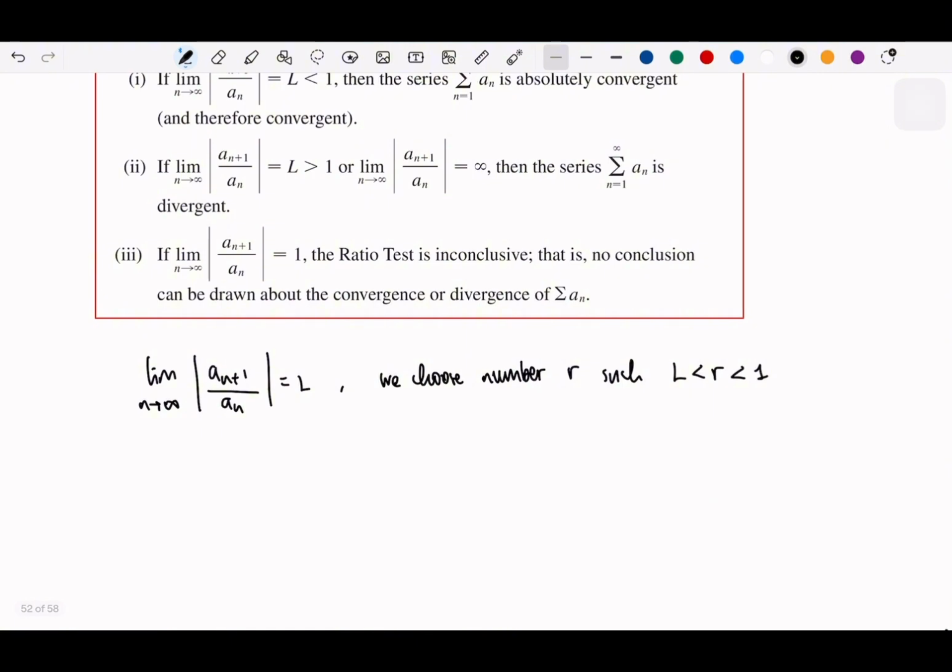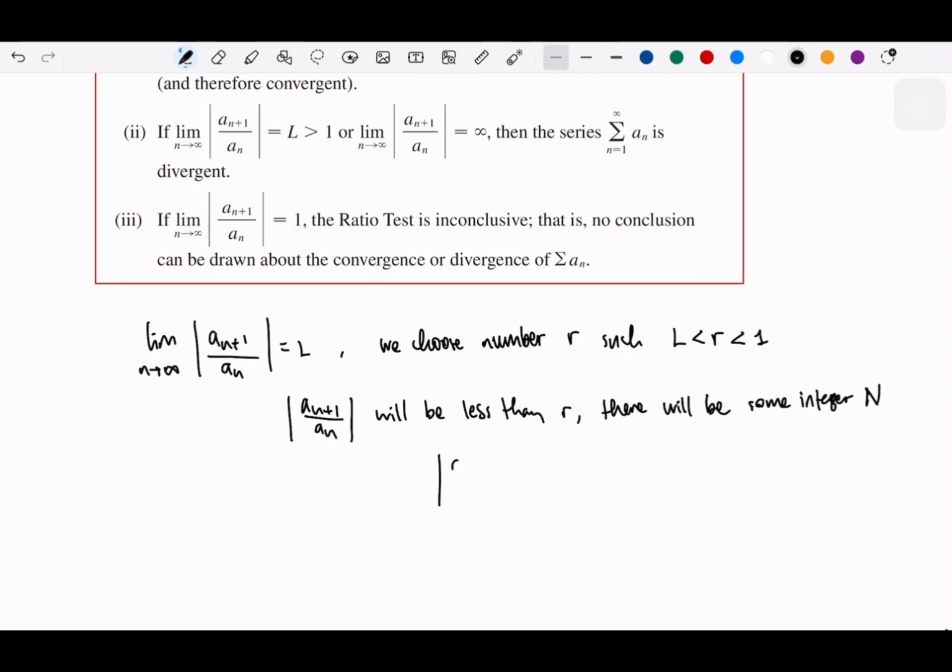So eventually the ratio will be less than R, and there will be some integer, we define the capital N, to define the terms.